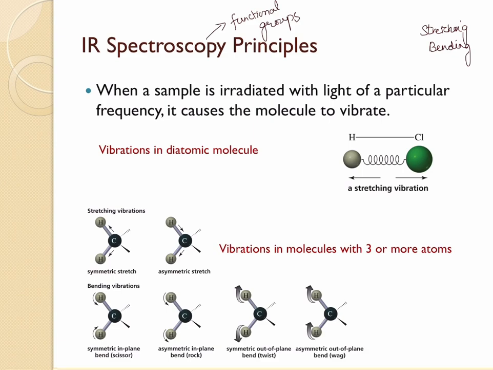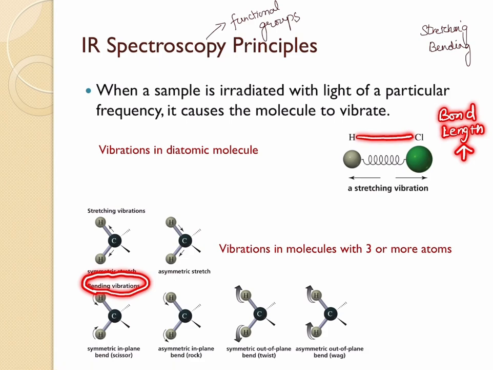A stretch is a vibration that occurs along the line of the bond, which is going to increase the length of the bond. So whenever a stretch happens, the bond length increases. A bending vibration normally changes the bond angle of the molecule. It doesn't increase the bond length, instead it changes the bond angle.